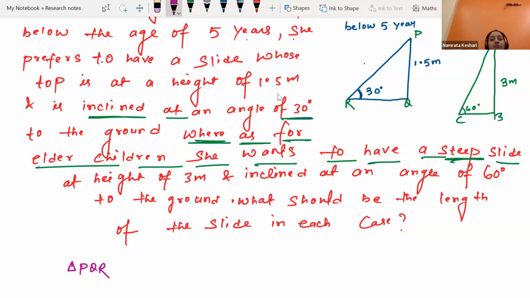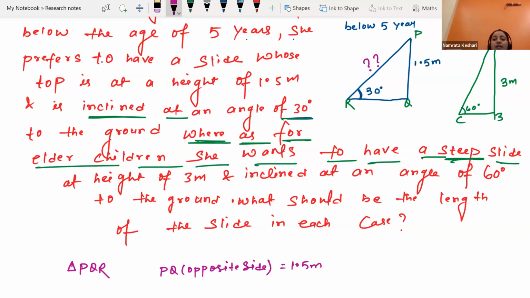What we have to find, we will not forget, is PR, the length of the slide. So here one of the sides is given, that is PQ, and if we keep in mind this 30 degree, then PQ is the opposite side according to the given angle. The opposite side given over here is 1.5 meter.